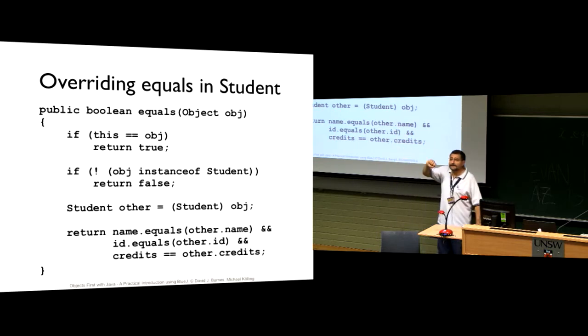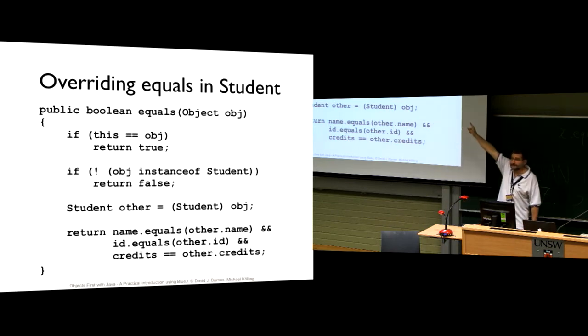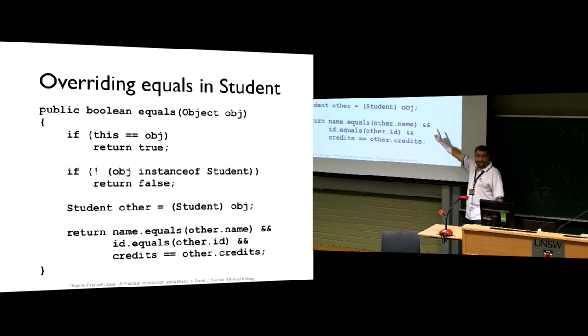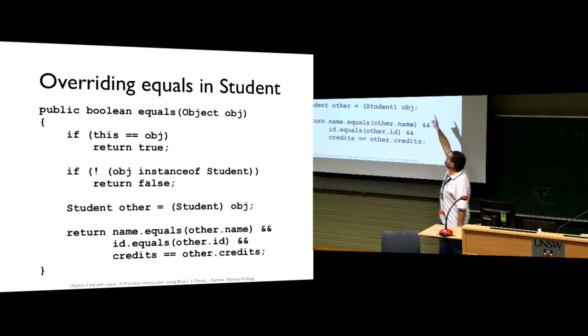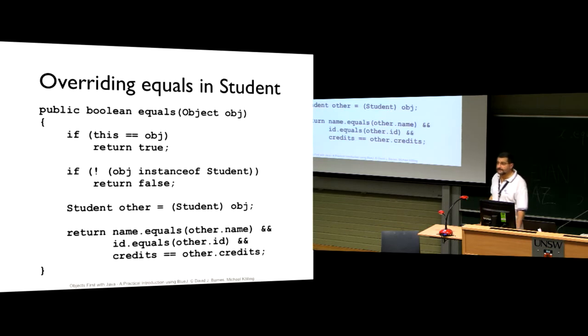Sorry? Kind of. What type is obj? Object. So that means that it can be anything at all. Right? Any kind of object at all can be passed into this method.